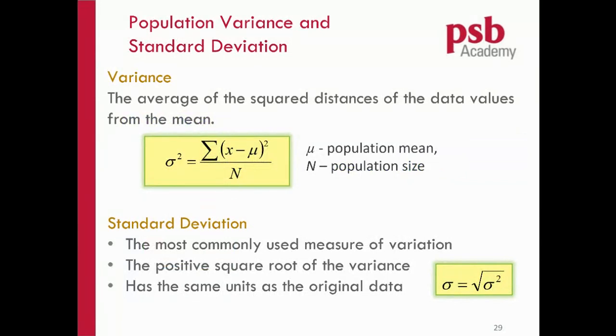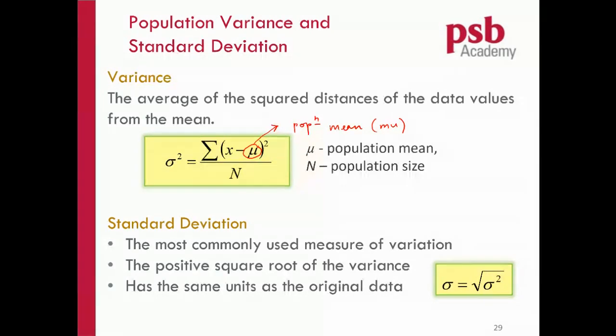Now let's look at variance and standard deviation. We just need to get used to some of these symbols. You knew this earlier. What is the meaning? It's the population average, right? You read it as mu.